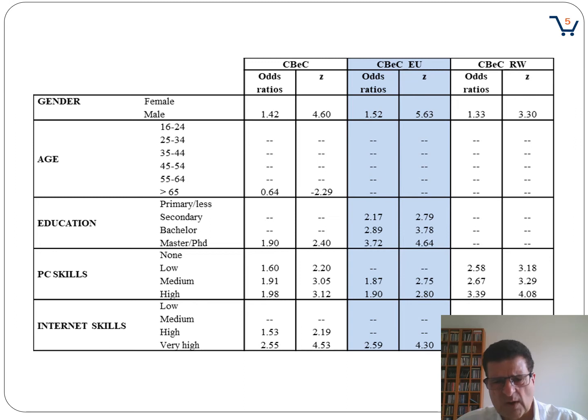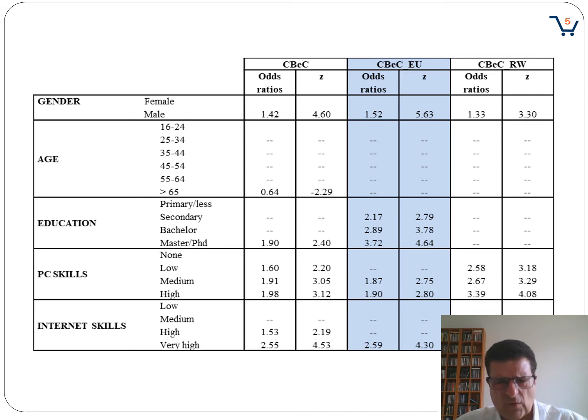This is well above 1. It is highly significant, and that is telling you that cross-border e-commerce is especially important and done by master's and PhD graduates. Again, PC skills is important.